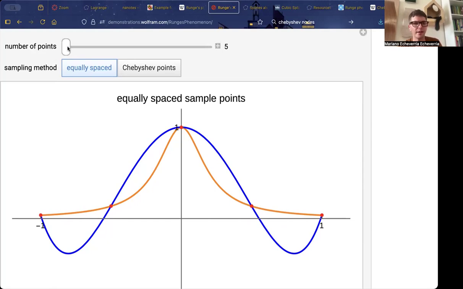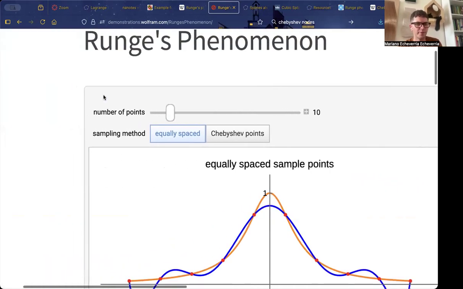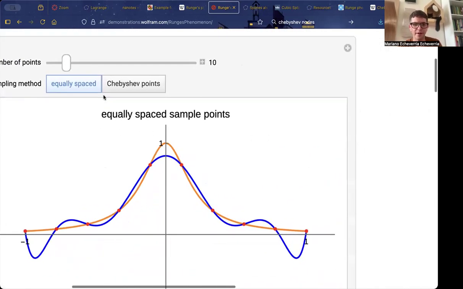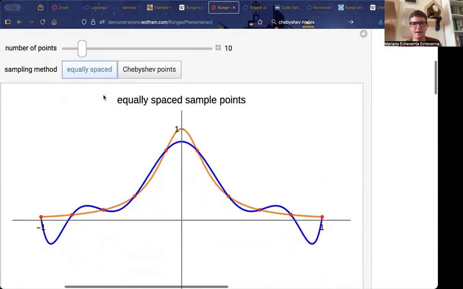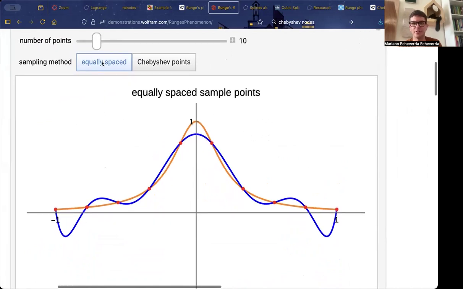Remember, the degree is always one less than the number of points. So, for example, if I increase... oops, what's happening here? Oh, okay. What happened is that I changed the number of points from 5 to 10. So you now see 10 points on the graph: 1, 2, 3, 4, 5, 6, 7, 8, 9, 10.